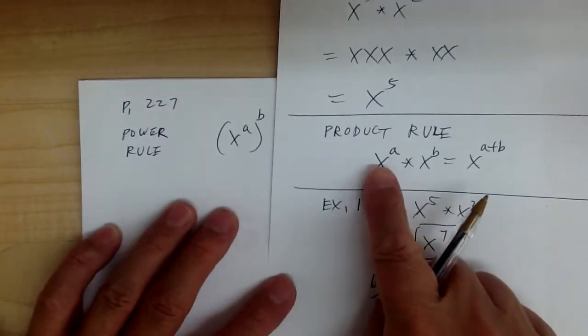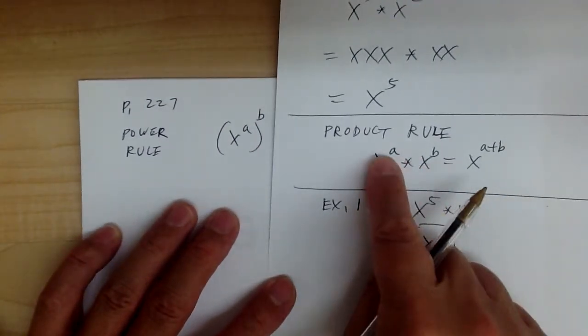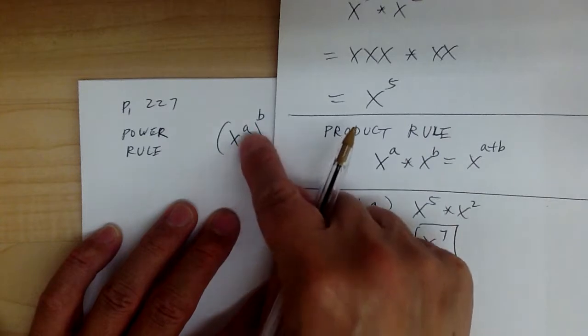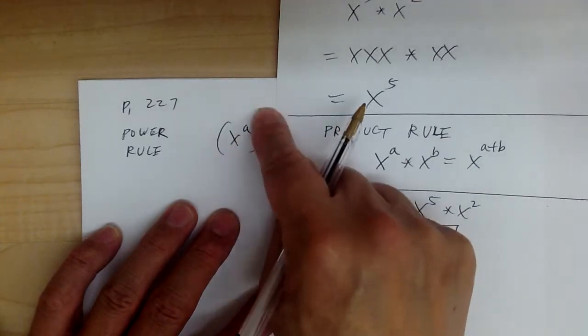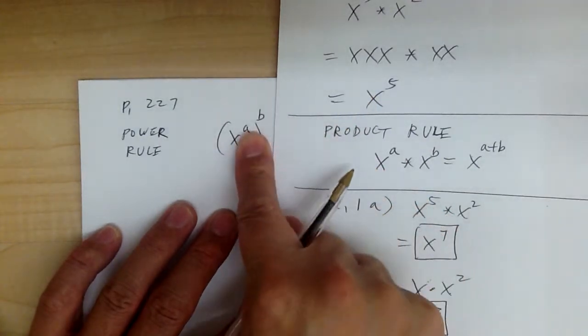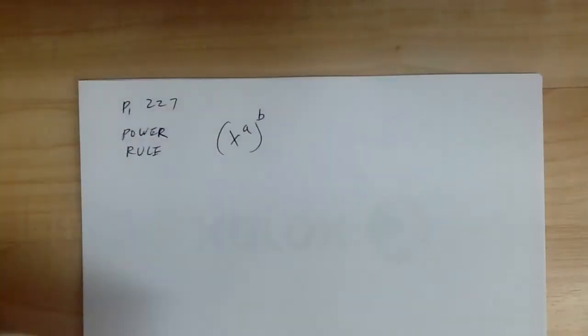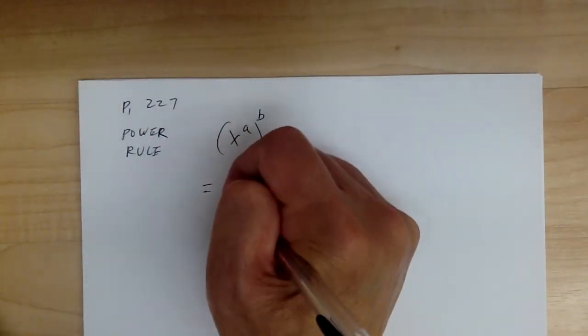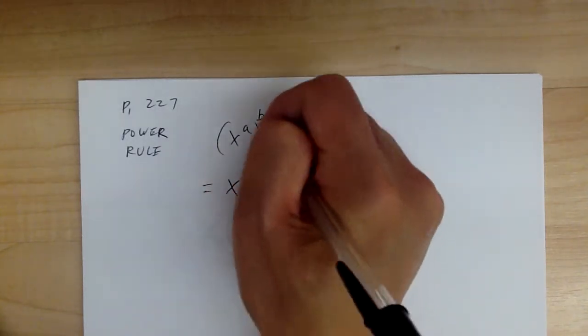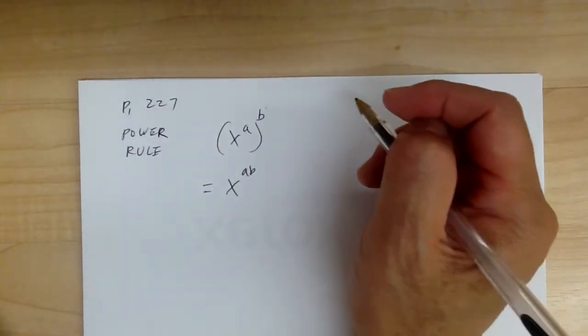So make sure you know the difference between the two. This one has something times something. In this case, you add an exponent. This one you have a something to exponent to exponent. This is exponent of exponent. This is when you have two factors multiplied together. So in this case, this will equal x to the a times b. So this one, in this case, you multiply.